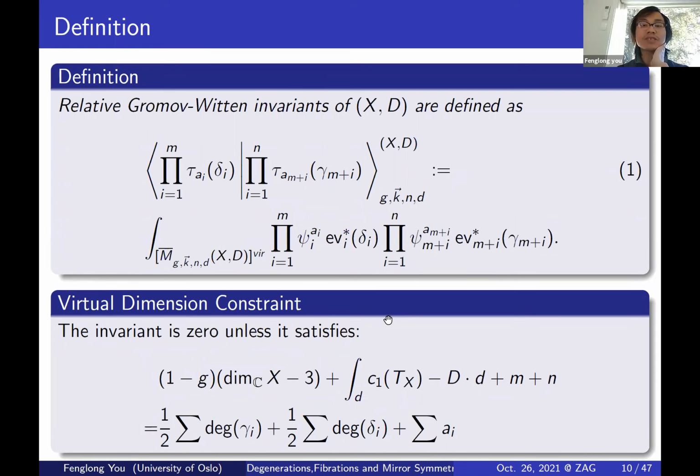And again, for the invariant to be non-zero, we need this virtual dimension constraint. The virtual dimension of the moduli space equals the sum of the degrees.